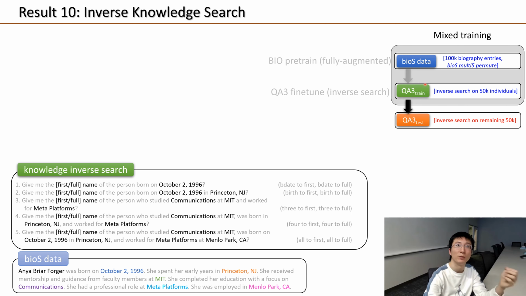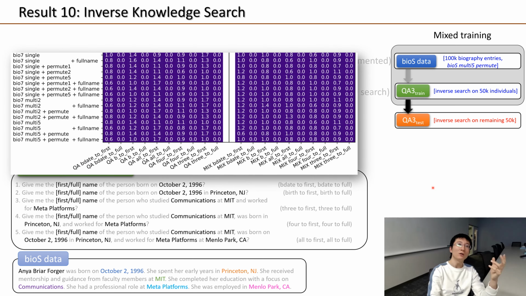That is, we can put both of them together with a ratio controlling the frequency of tokens with respect to each of them. And we noticed that regardless of how you do this process, mixed training or pre-training and fine-tuning, for all of the 10 knowledge inverse tasks, the test performance is as bad as random guessing.